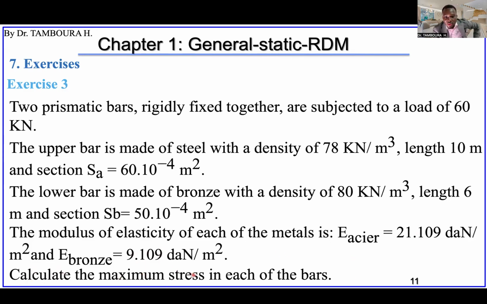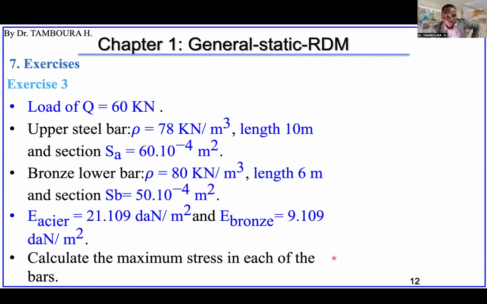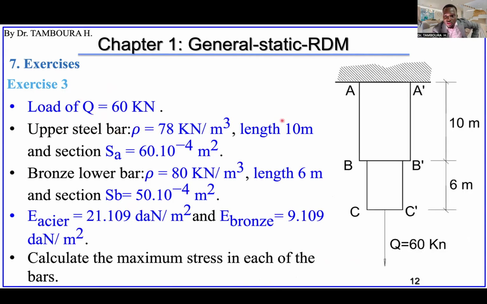So we want to calculate the maximum stress in each of these two bars. Okay. So we have here the load. This is the summary. Actually, it's better in this way. The upper section, we have these two bars here, and we have the load, 60 kilonewton here.